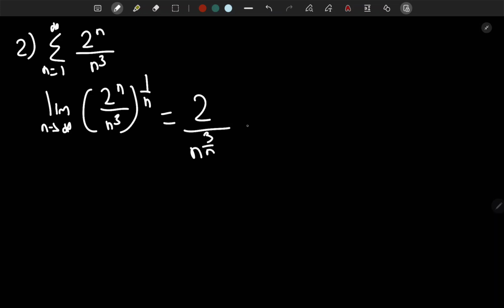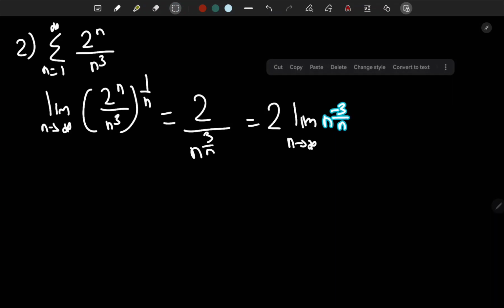So I'm going to write this 2 outside. So here is going to be 2 times the limit as n approaches infinity, and then we have 1 over n to the power of 3 over n, and also we can bring this up, so it's going to be n to the power of negative 3 over n. It's just simpler.